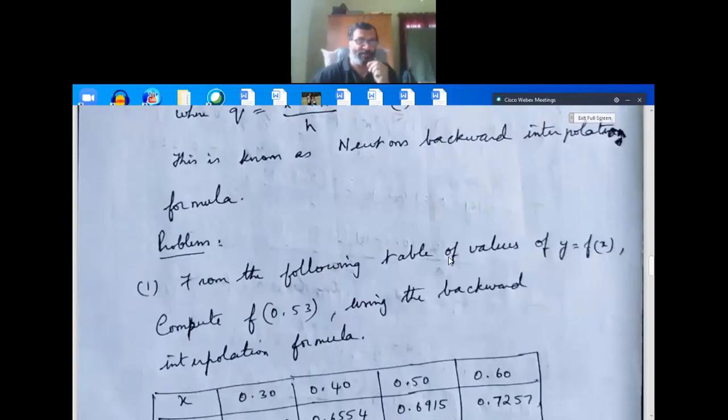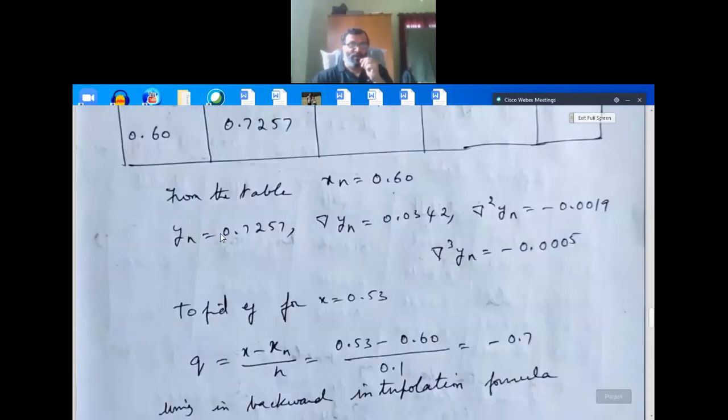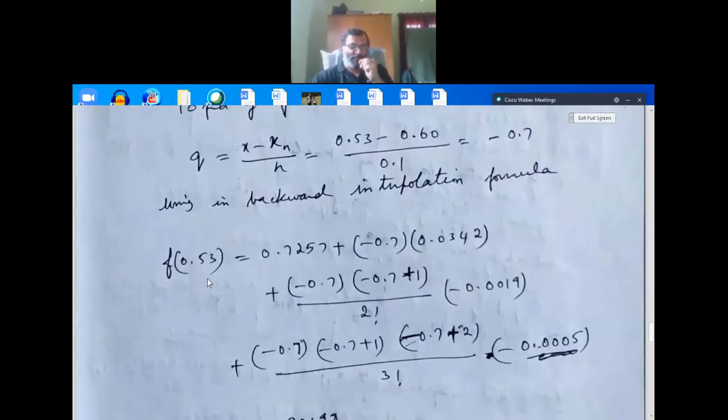So what we get here? So yn, you write all the values, then using the backward interpolation formula, f of x equals f of 0.53.